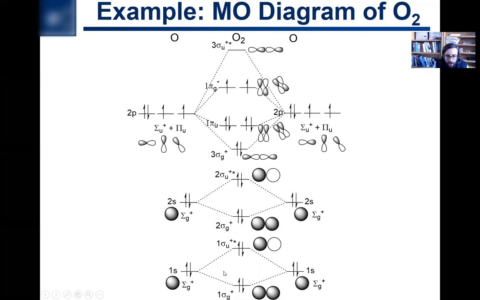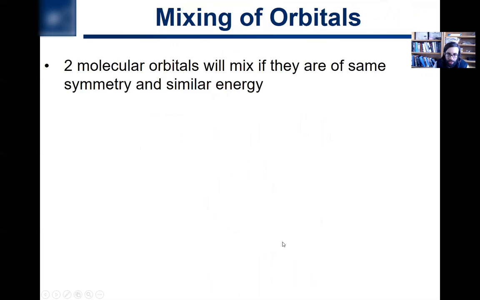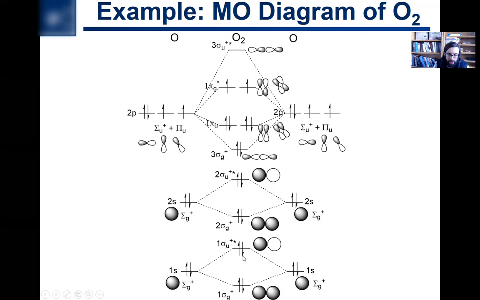But really, the main reason I showed these is just so we can keep track. I put the stars so we can keep track of which ones are antibonding. Those are denoted by the asterisks, the stars, and the bonding ones don't have the stars. And so we can go in here and count, just like we did before. We have 2, 4, 6, 7, 8. Sorry, I counted that wrong.